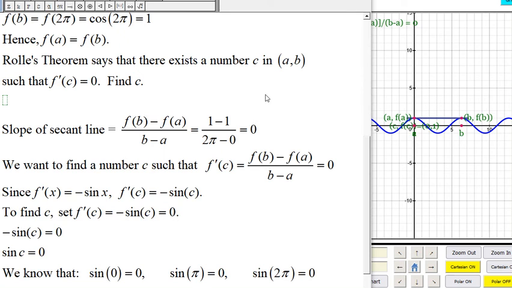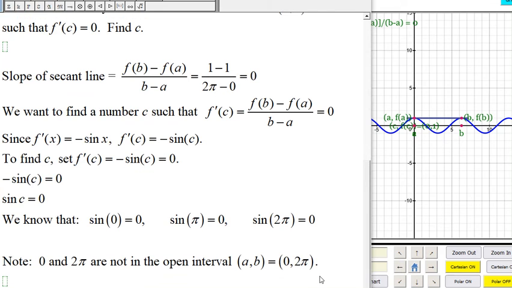For the interval from 0 to 2 pi, we know sine of 0 is 0, sine of pi is 0, sine of 2 pi is 0. But 0 and 2 pi are not in the open interval from 0 to 2 pi.